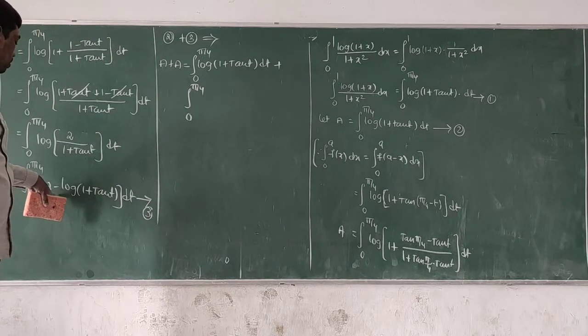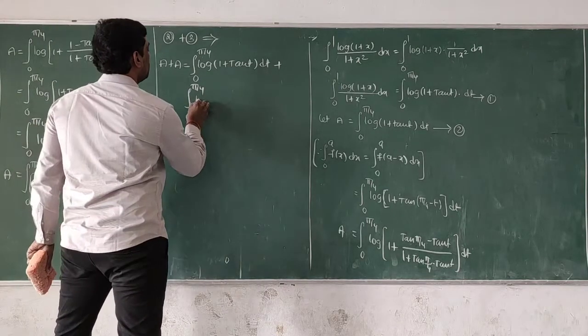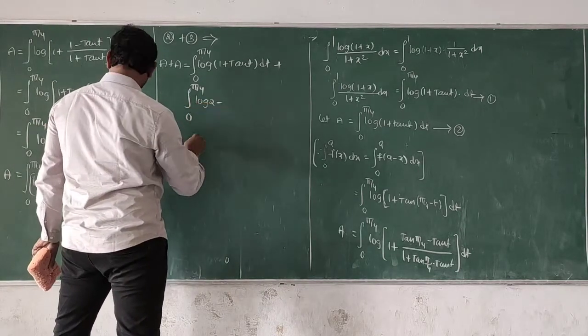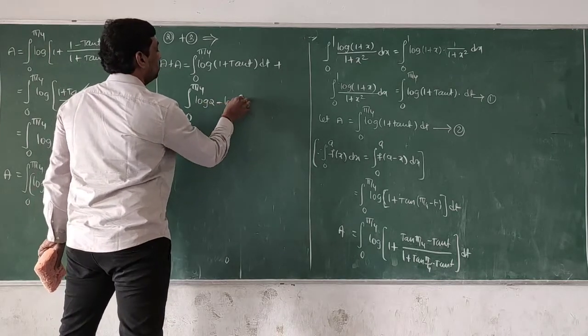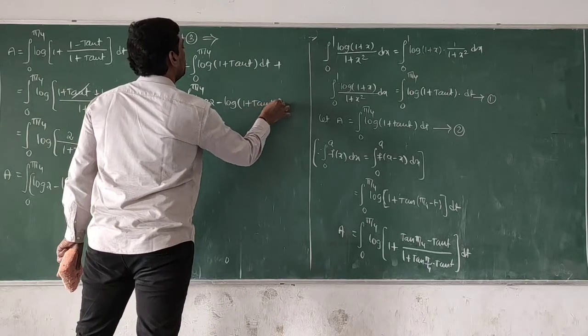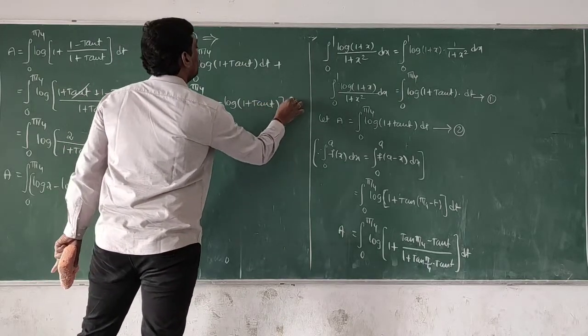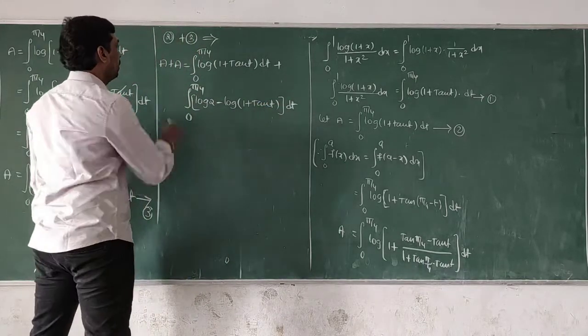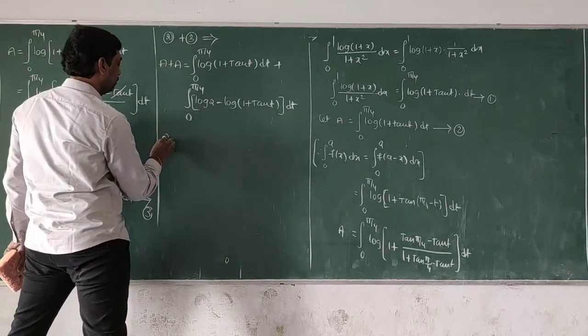In the third equation RHS log 2 minus log of 1 plus tan t dt. Okay. A plus A, 2a.